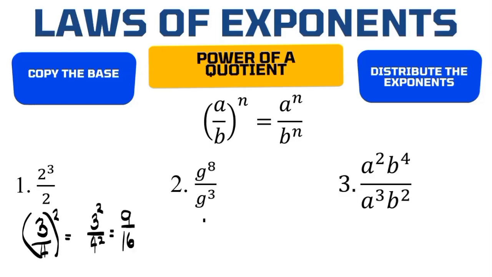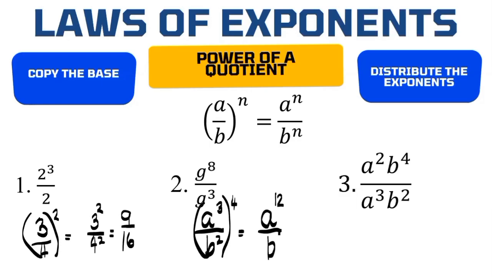Another example, let's have a cubed over b squared raised by 4. And the answer is a raised by 12 and b raised by 8. Okay? And lastly, let's have m over n raised by 4. And you will have m raised by 4 over n raised by 4.